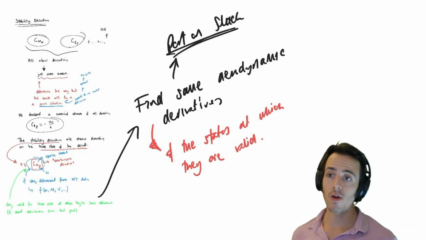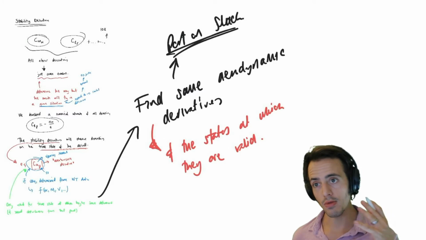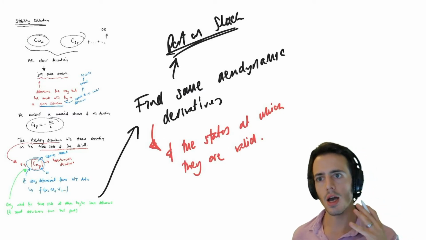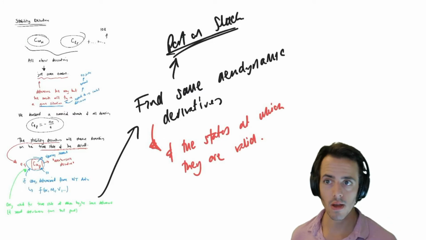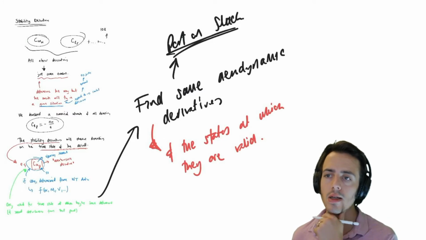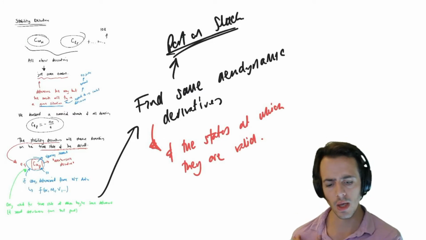So you'll see for a given aircraft a set of derivatives for maybe landing, and a set of derivatives for cruise, a set of derivatives for high power conditions as well, although landing could be one of those anyway.